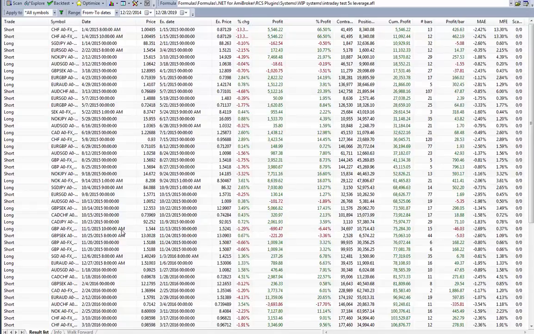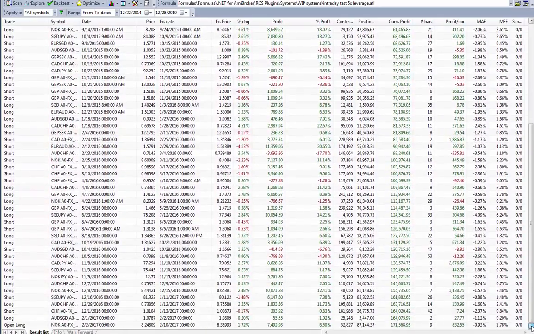And as you can see here, here we go. Here we have two trades on the 20th, and let's see if we have more of that. Two trades on the 10th. Let's see if we come down a little bit. Here we go.